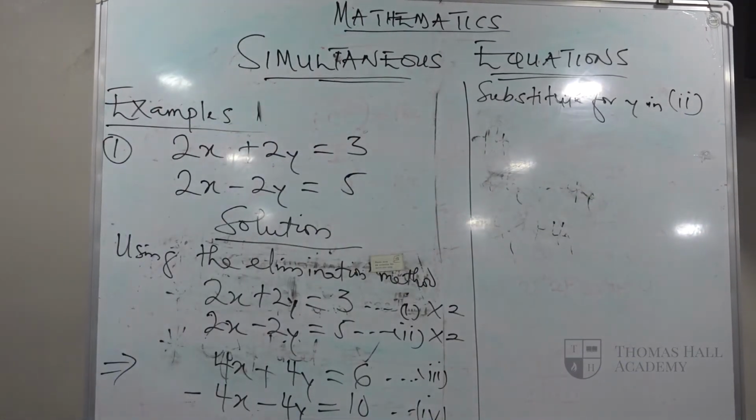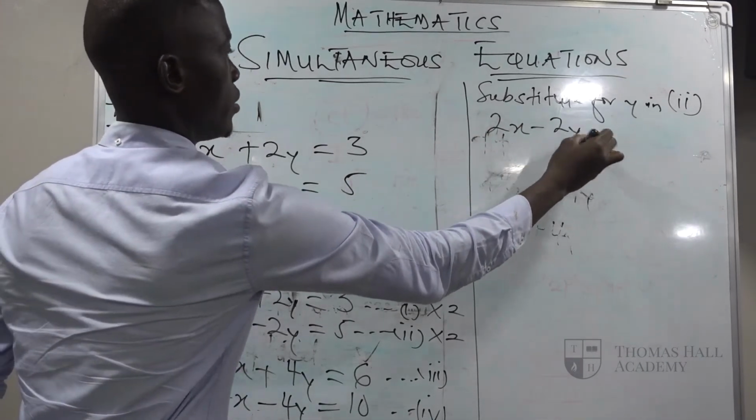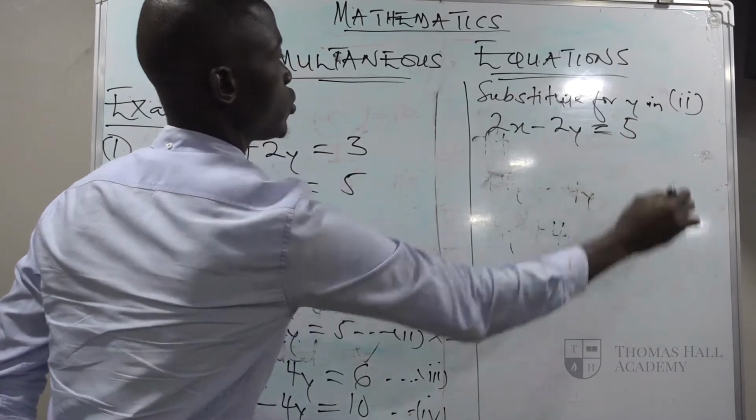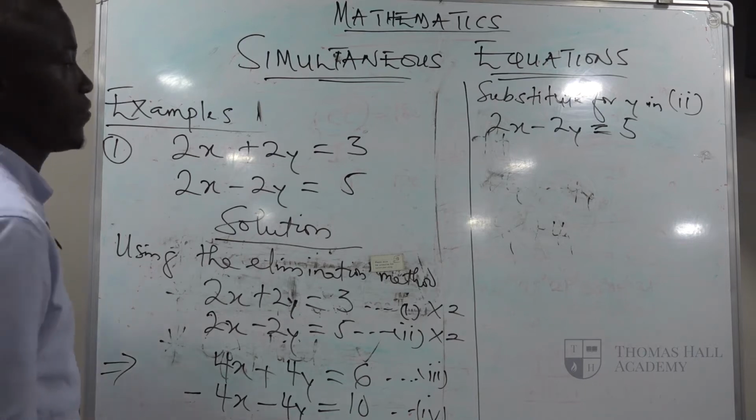So equation 2 says 2x minus 2y equals to 5. Now we've gotten the value of y to be minus 1 over 2, or if you decide to use decimals, minus 0.5.